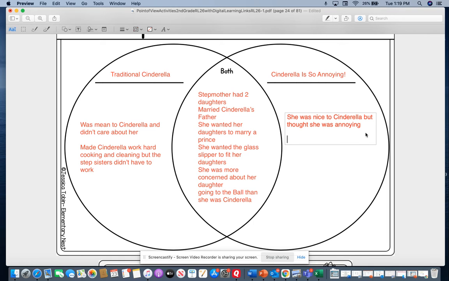In Cinderella Is So Annoying, she made the sisters work, but Cinderella worked faster.